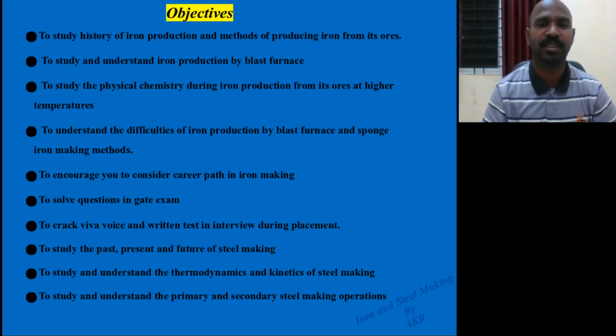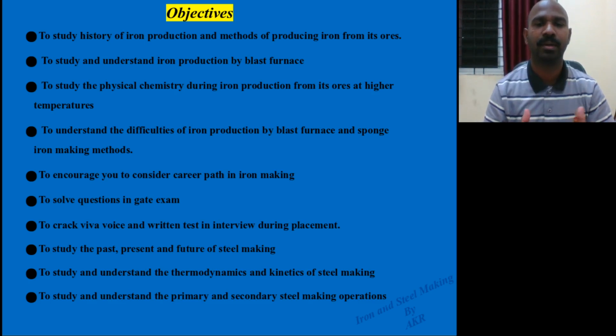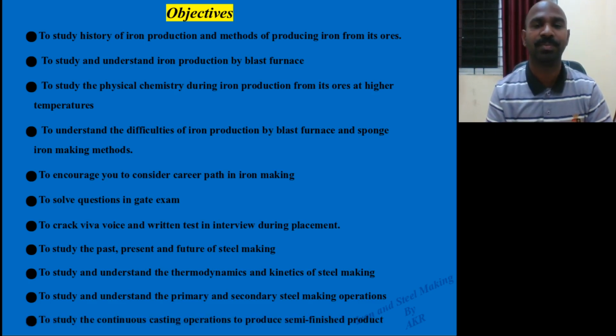After taking iron from the blast furnace, you are directly refining using the LD converter. Since it is the primary step, you call it primary steel making. For producing special steels by the vacuum oxygen decarburizer, that is a secondary steel making unit, you call it a secondary steel making unit, further refining units.